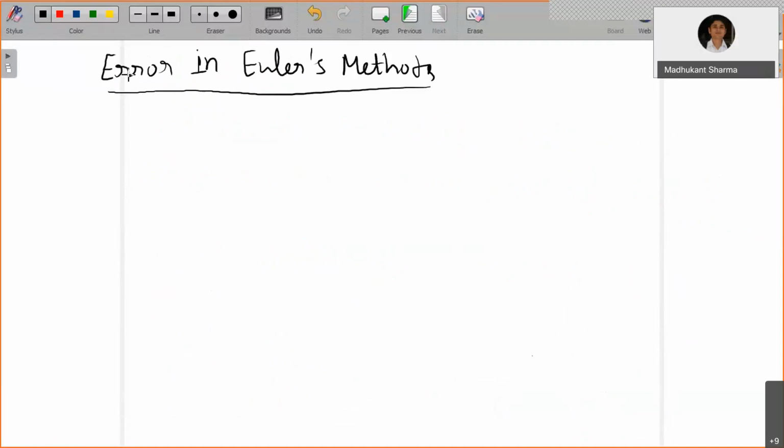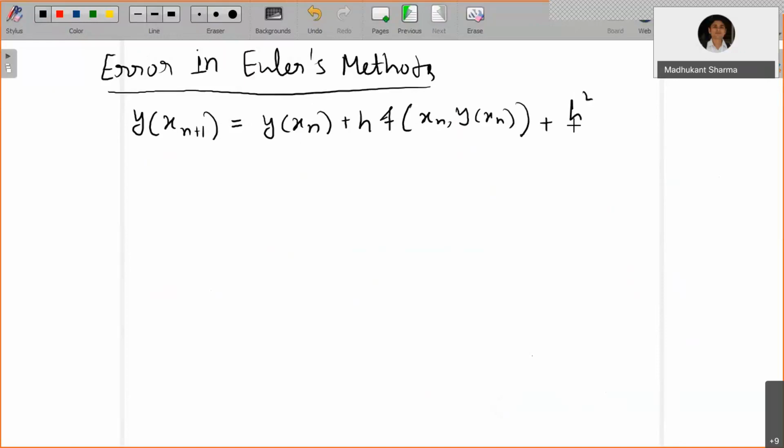The exact value of y at x(n+1) is y at xn plus h times f of xn comma y at xn, plus h square by 2 times the second derivative of y at some c, which depends on the points between.